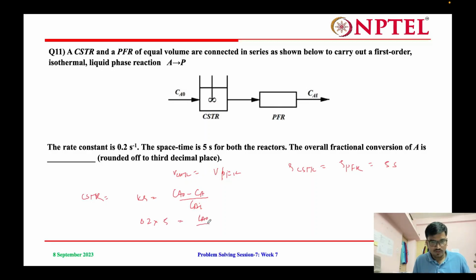So CA naught divided by CAI minus 1 equal to 1, so CA naught divided by CAI is equal to 2. This is equation 1.